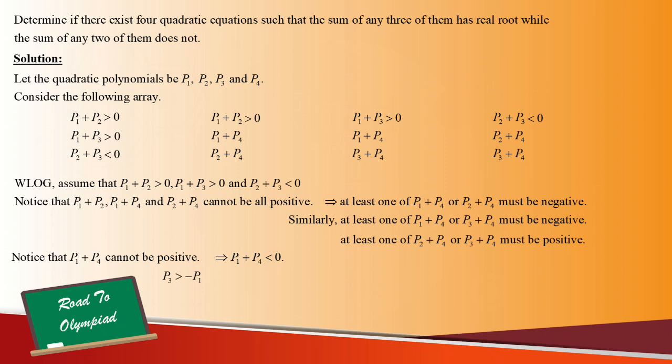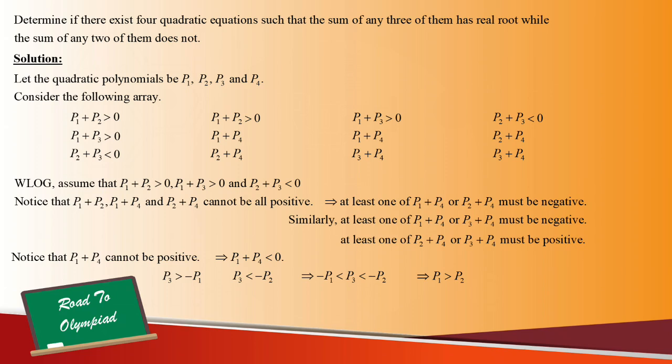Also, from P2 plus P3 must be negative, we have P3 is less than negative P2, which combine together to give us P3 is between negative P1 and negative P2. This implies that P1 itself is greater than P2.